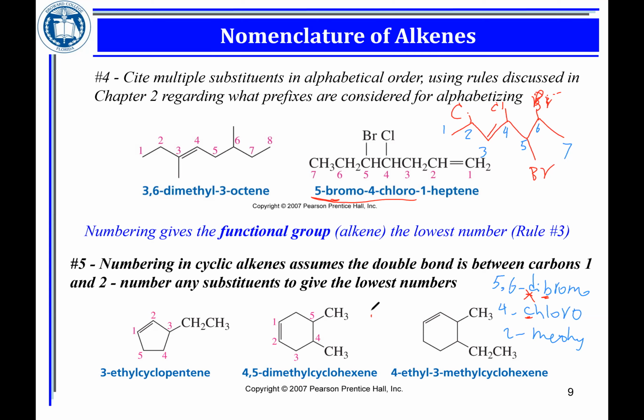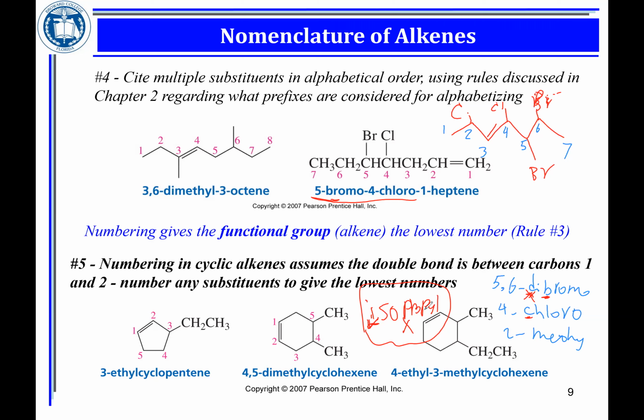If you had isopropyl, then you would count the I, not the P. This is the only exception. For isopropyl, you count the I for the prefix, but for any other prefixes, you count the actual branch, not the prefix. Gotcha, I just wanted to clarify that. Thank you.